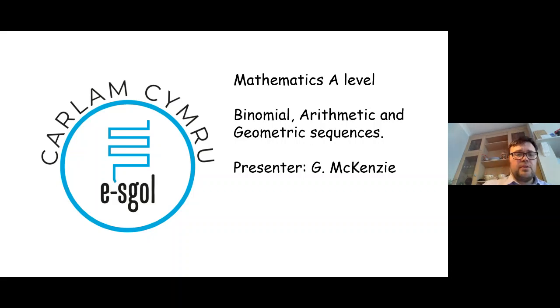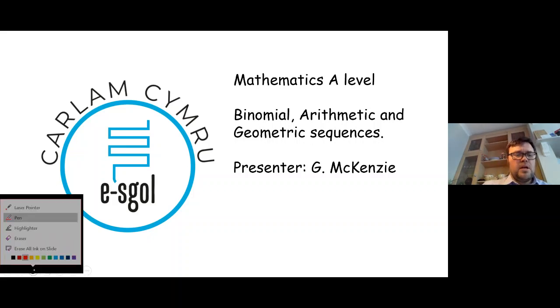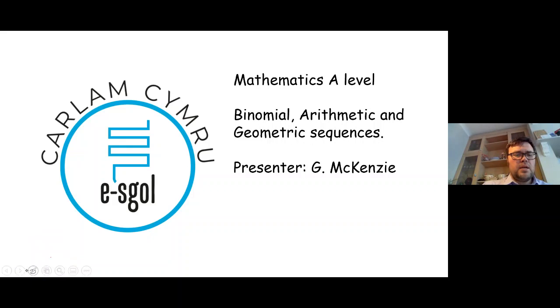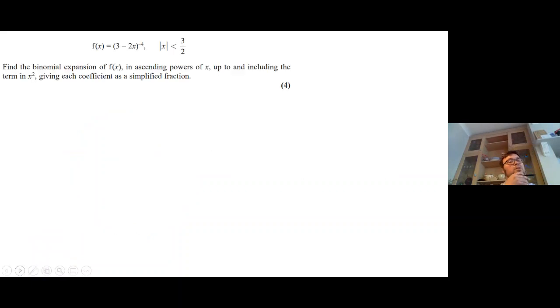If we get started today, I'll start with the binomial. Just change my pen to black. There we go. So here we have the expansion. Find the binomial expansion of f of x, which is (3 minus 2x) to the power of minus 4. Now, you've done the binomial previously at AS level, but the powers then were always a positive integer.